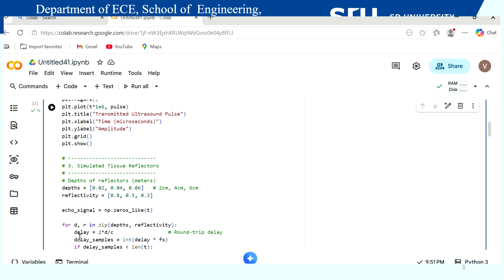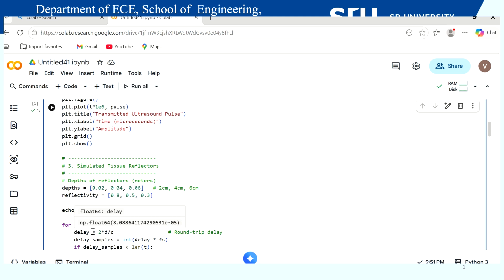It creates an empty signal, so initially there is no echo, and then a loop runs through each reflector: for d, r in zip(depth, reflectivity). So a round trip delay happens. This delay is equal to 2d by c. Normally delay time is distance by speed, but here it is 2 times d by c.